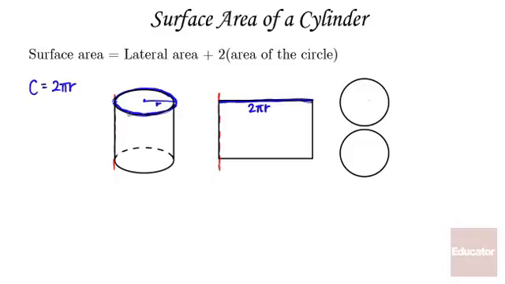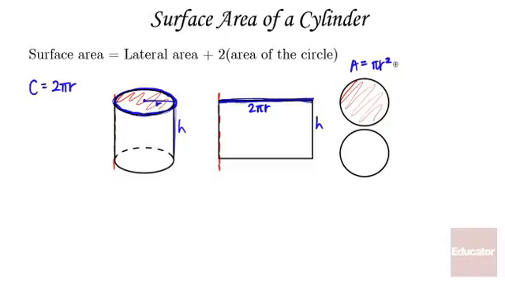Once you find that, that'll be the length of this right there. We know this would be the height, so that would just be the height of the cylinder. Now to find the area of a circle, because we have to find the area of this whole thing, the area of a circle is pi r squared.